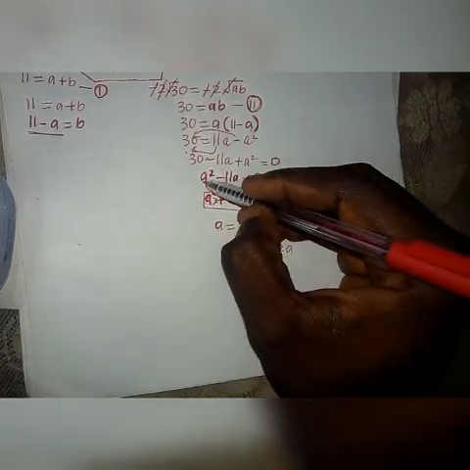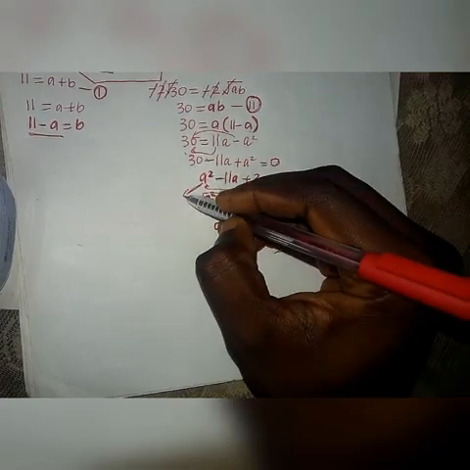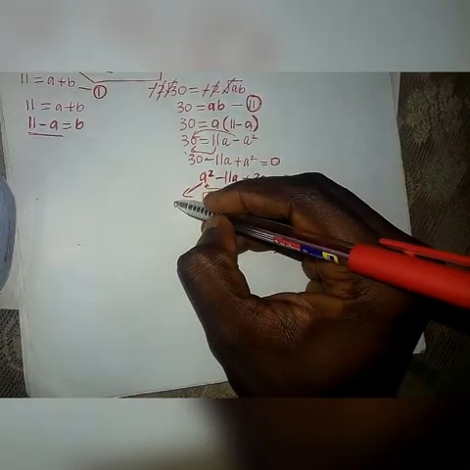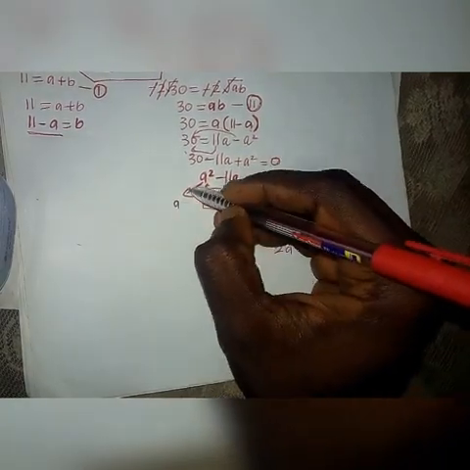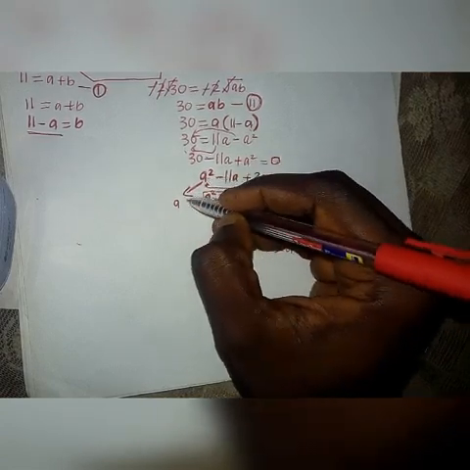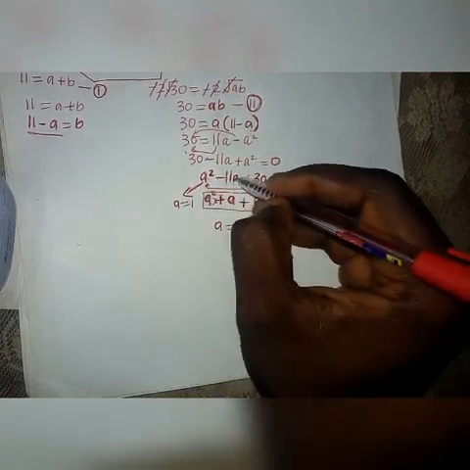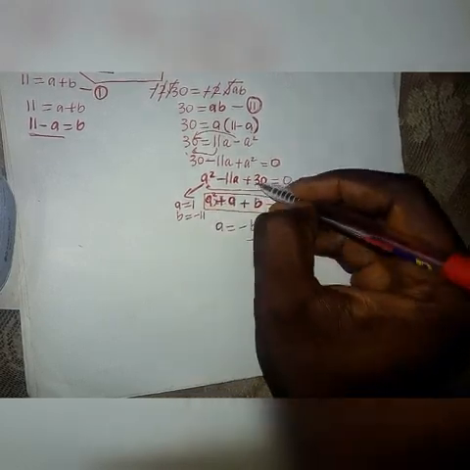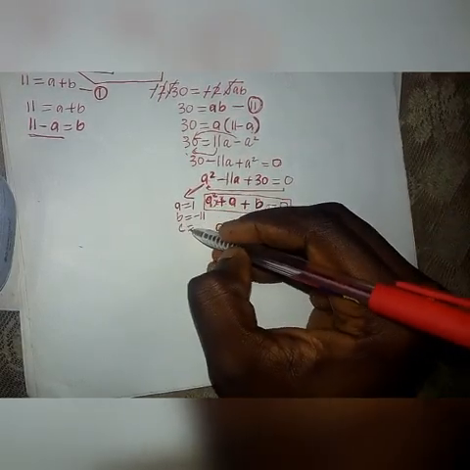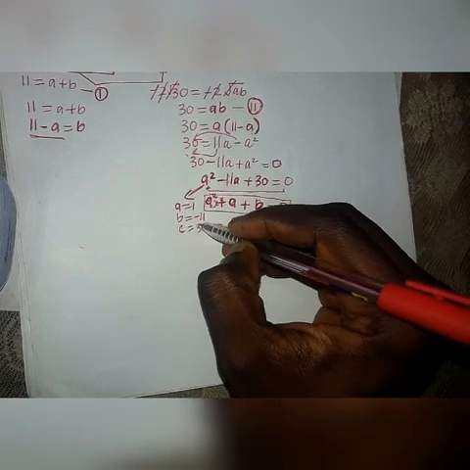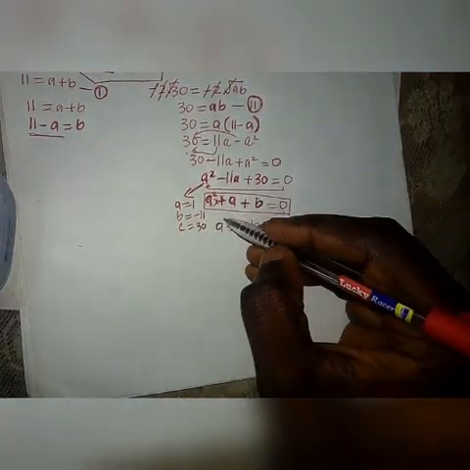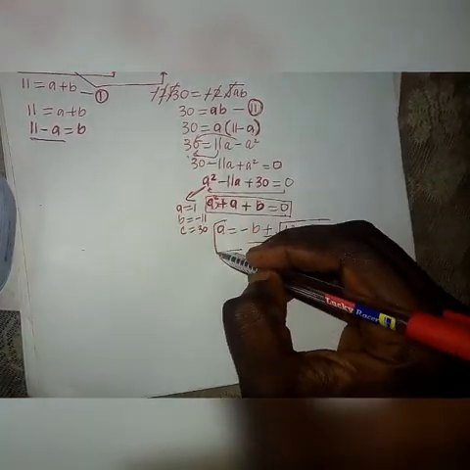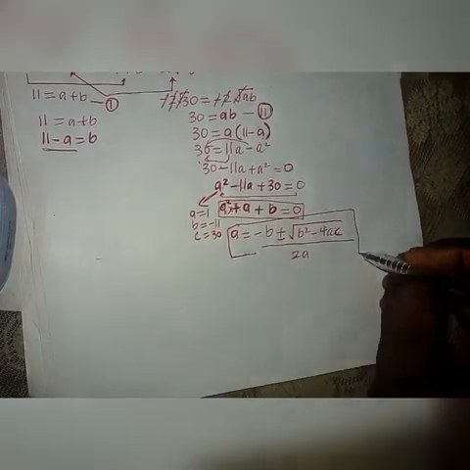So the first one is a, that's 1. The second one is b, is minus 11, and the third one is c, is 30. So that's how we normally use the quadratic formula. That's the formula.